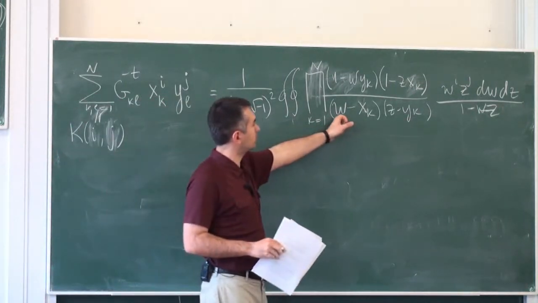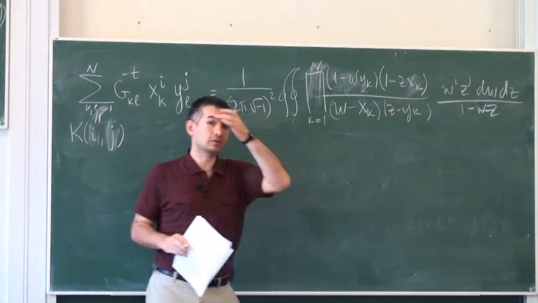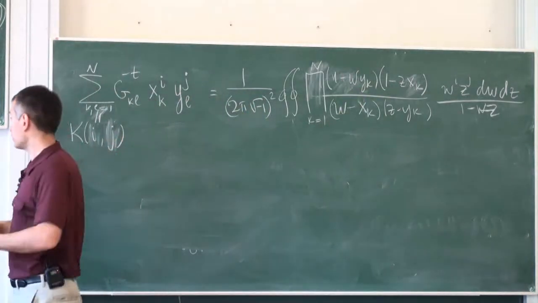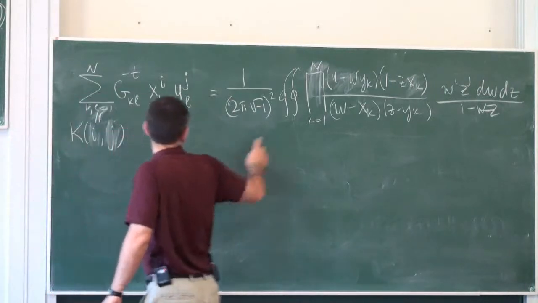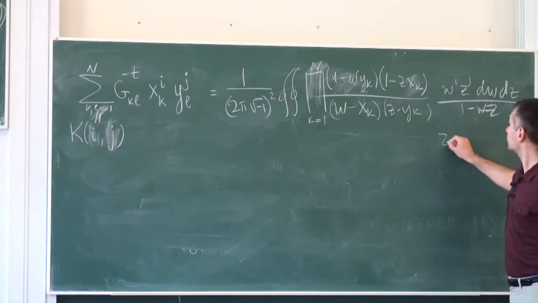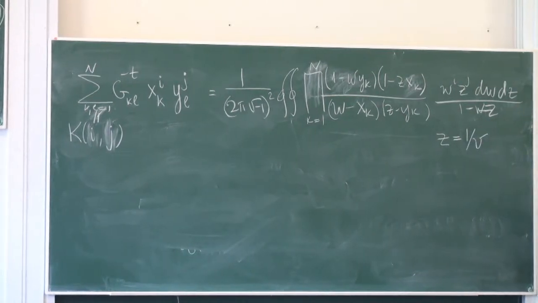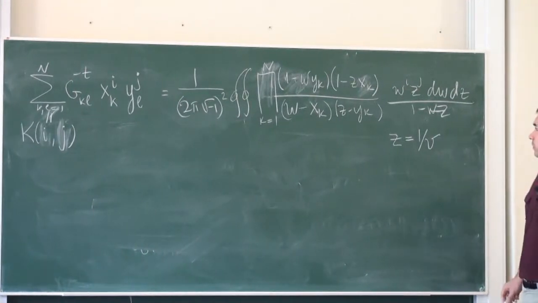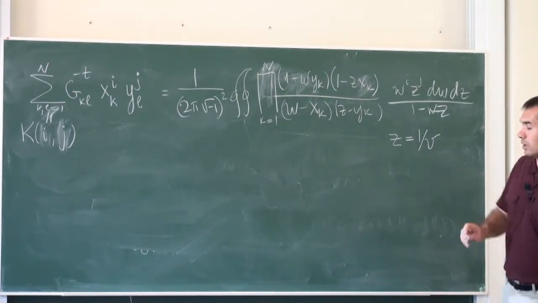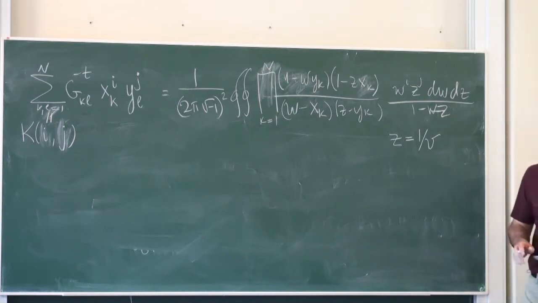You just remove the factor that's blowing up and substitute the corresponding value into the rest. That's it. I'm claiming that this and this are the same. The only thing I need to do is to invert z and call it 1 over w, 1 over v, and I'll get there. That's it.